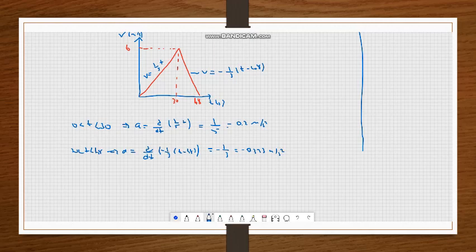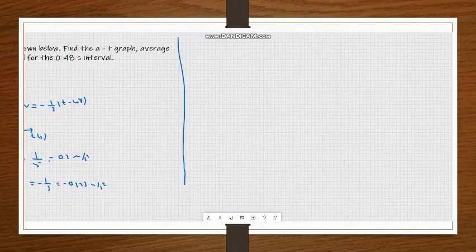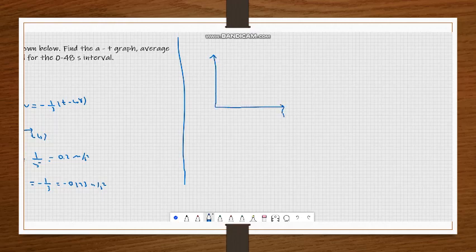So let's draw our acceleration term. We know that from the acceleration versus time graph, time and acceleration, both of them are constant. So from 0 to 30 it is going to be like this. Let's say here is the 30.